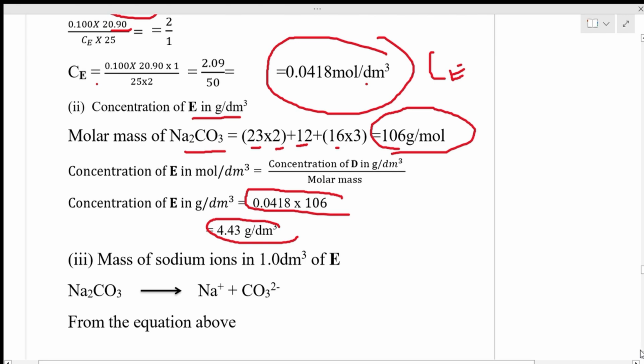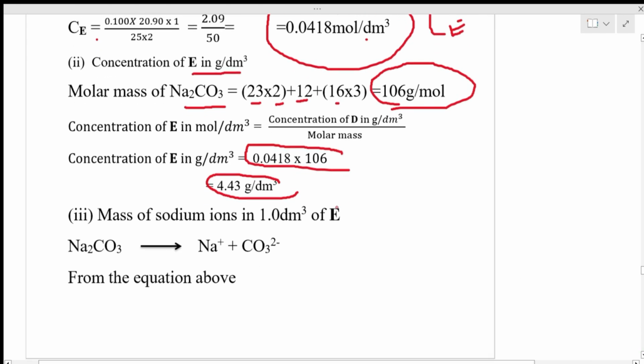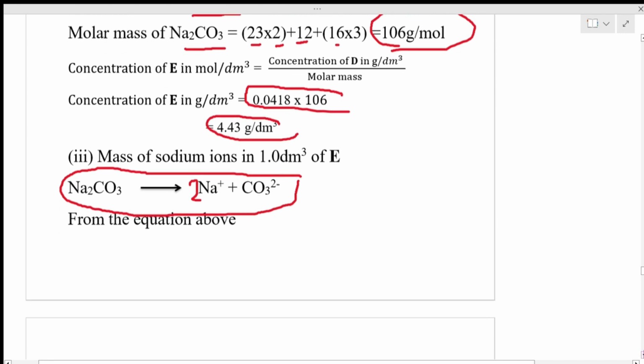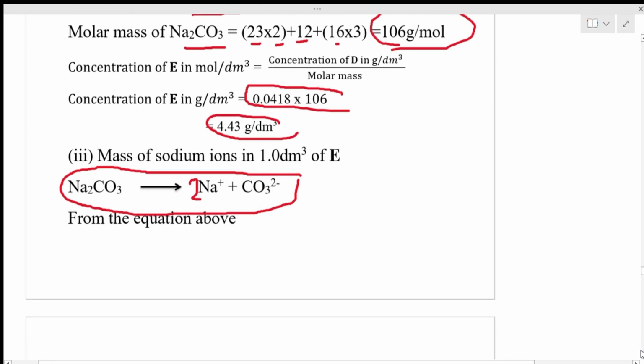Okay. All right. Now let's calculate the mass of sodium ion in 1 dm³. Very simple. So we are going to ionize, or dissociate, let me use that word, our Na2CO3 to have Na+, then there will be 2 molecules of ion of sodium here, then we have plus CO3 2-.